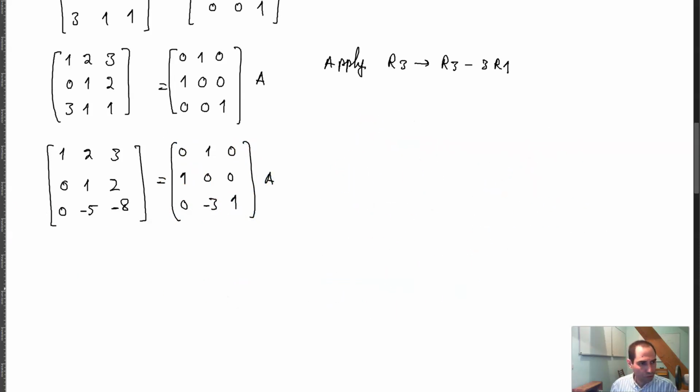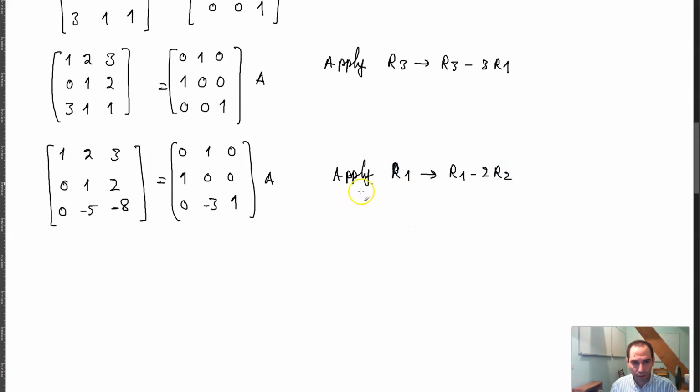Next, what you need to do is apply R1 becomes R1 minus 2 times R2.